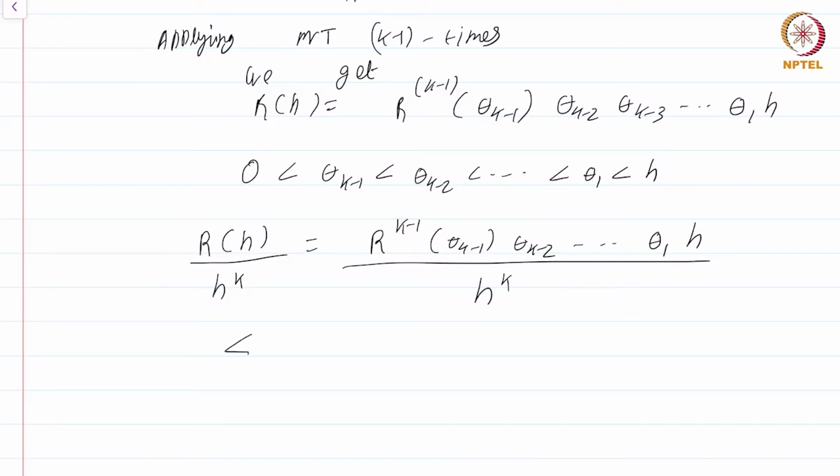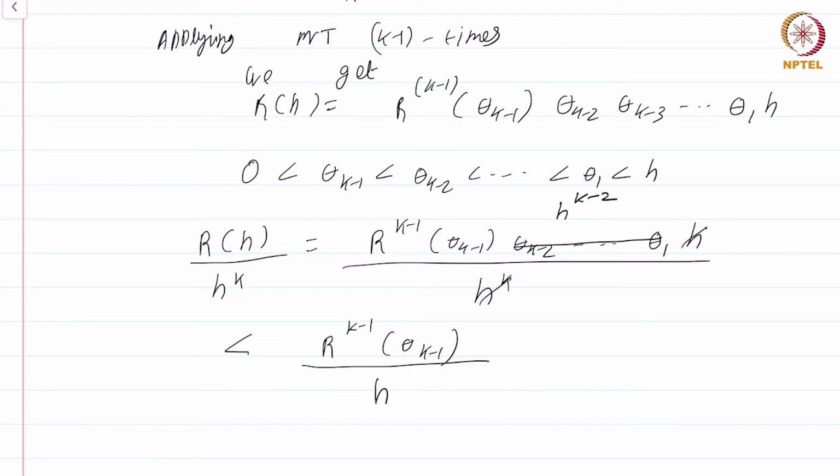So in the numerator I have a quantity which is less than the denominator. So I'm going to replace these essentially by h^(k-2) and cancel it off. So this is strictly less than R^(k-1) of theta_(k-1) by h.